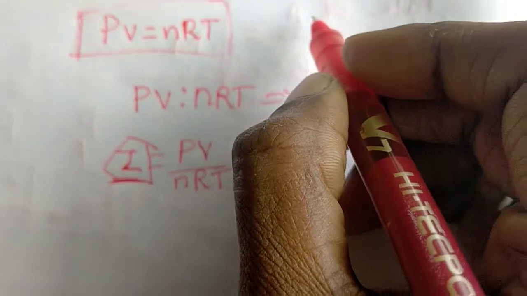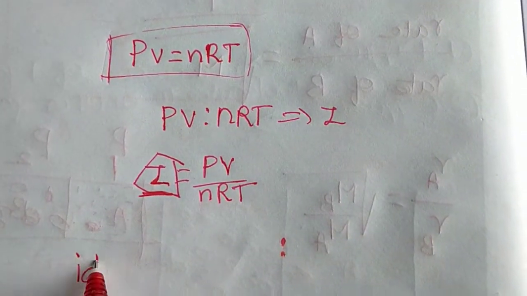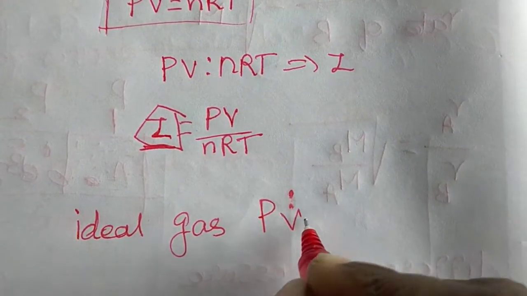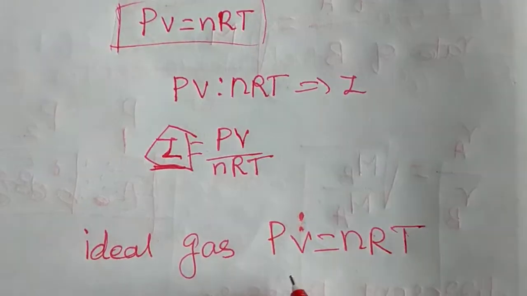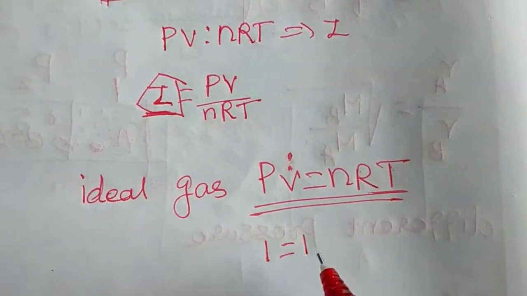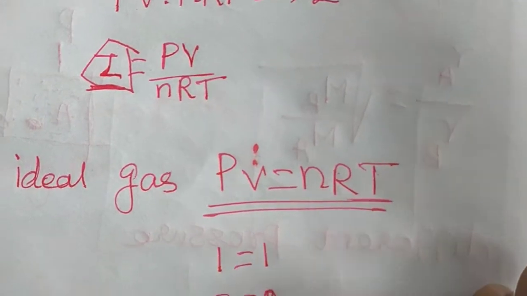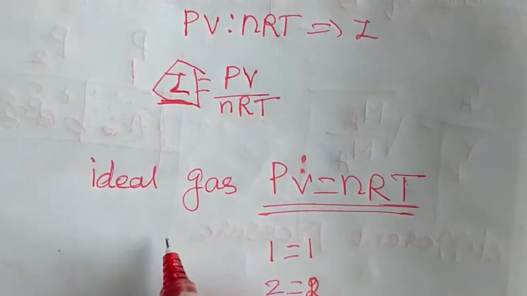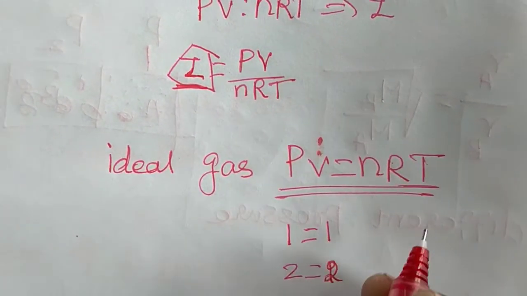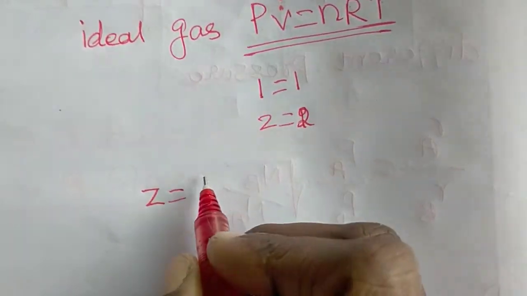When you take the ratio between PV and nRT for ideal gases, PV is always equal to nRT, so this will become 1. 1 is equal to 1, maybe 2 is equal to 2, likewise. So for ideal gas behavior, the compressibility factor Z is equal to 1.